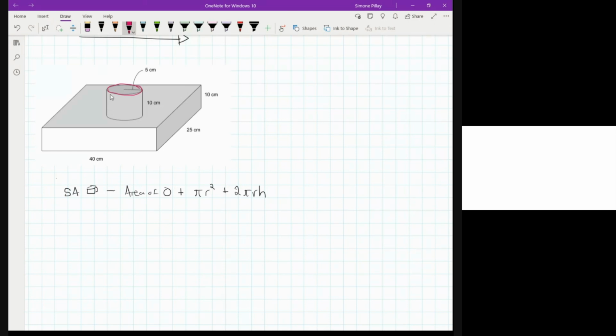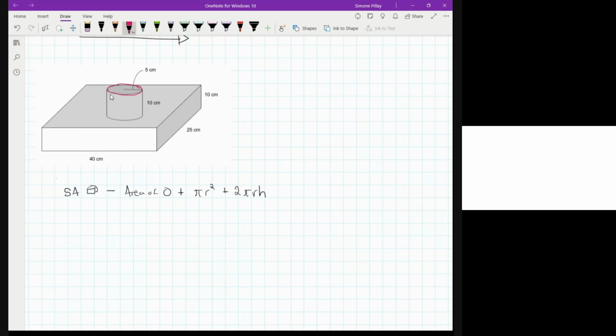Okay. So I have this rectangular prism and I have a cylinder on the top of it. Do you agree that the top of my cylinder is something I can touch? It forms part of my surface area. The circle at the bottom, though, does not. I can't actually touch the bottom of my cylinder, so I'm not going to include it in my surface area.